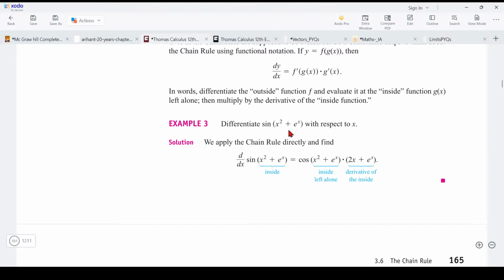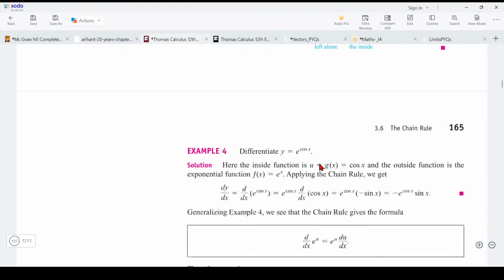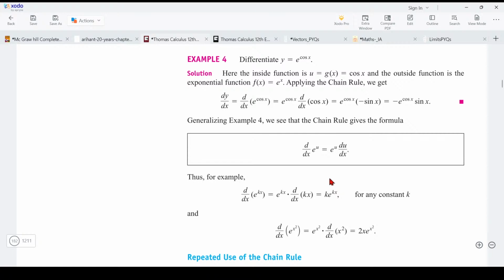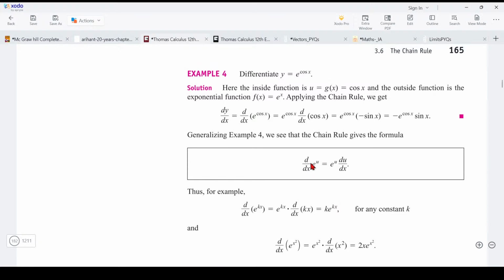So this one, what do you do? We differentiate outside to inside. We go from outside and we go to inside, right? Okay, we don't touch this. We do it for cos, and then we go inside and do the remaining part, right? Now, what happens to d by dx of e power u? We go outside inside again. E power u, again du by dx.